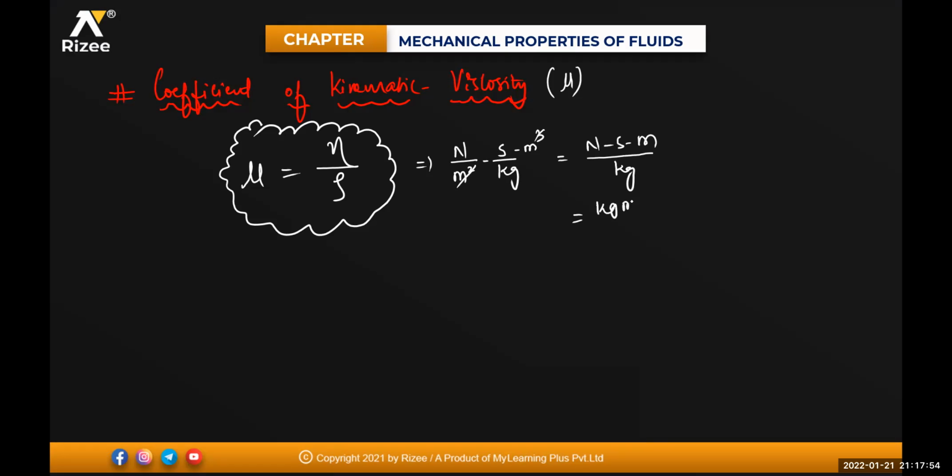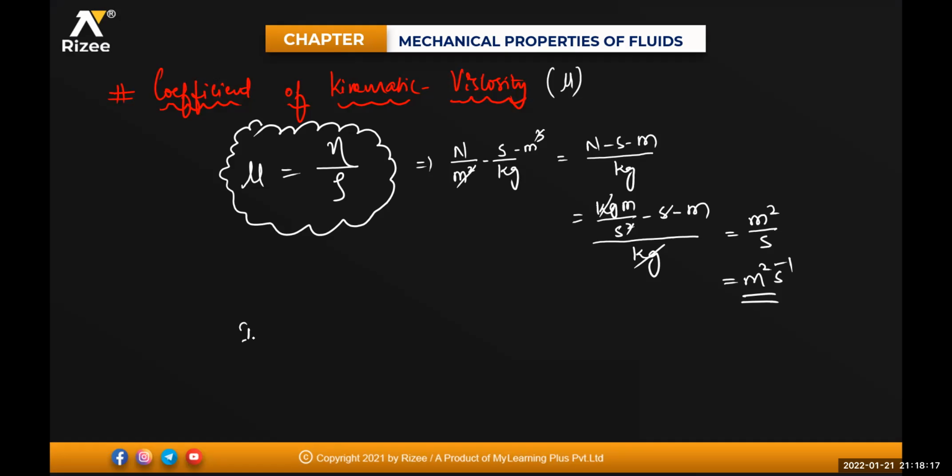Kg meter per second square. This kg will get cancelled, second and this square will get cancelled. Meter into meter becomes meter square divided by second. That means meter square second inverse. This will be the answer for this unit.